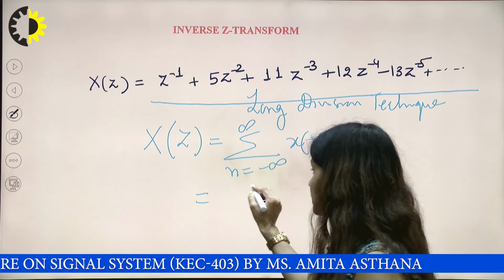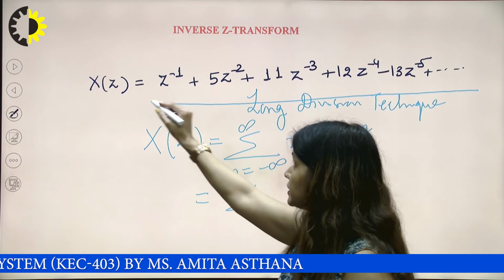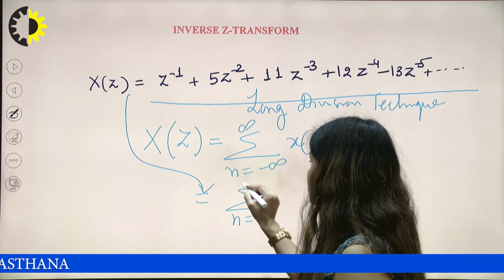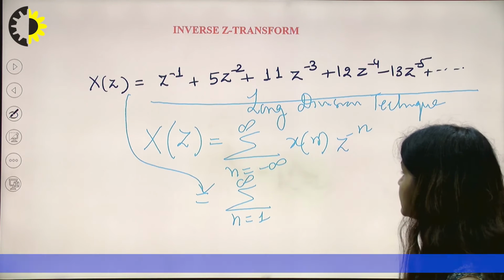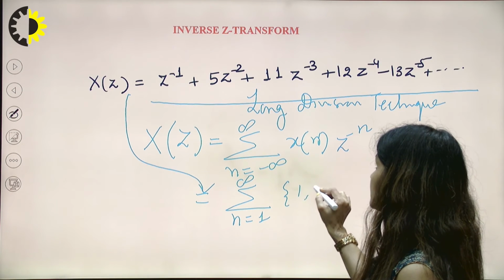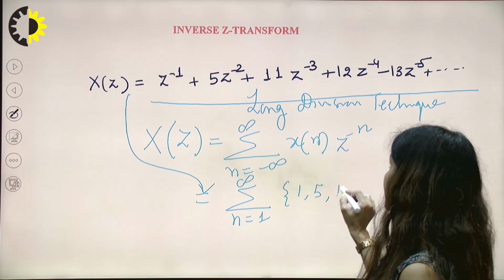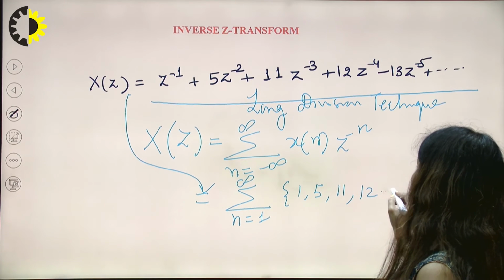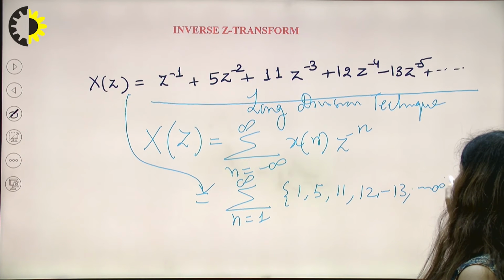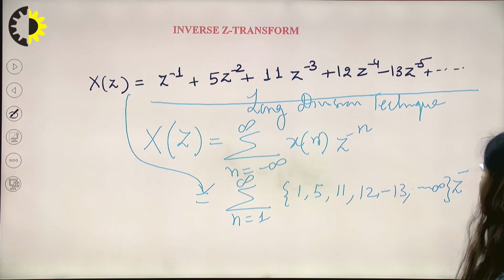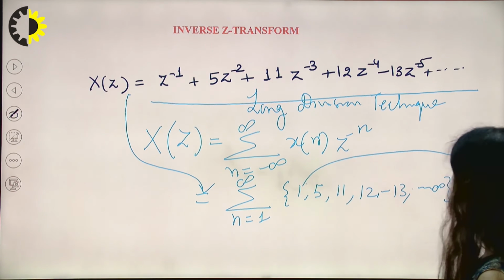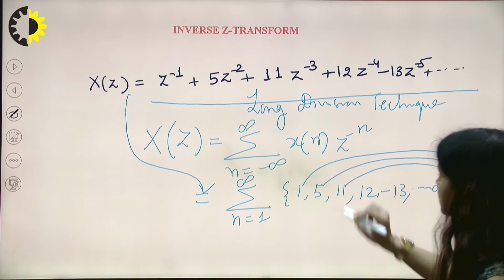So here this X(z) I can write as from n equal to 1 to infinity, and this sequence obviously I will be writing as 1, 5, 11, 12, minus 13 up to infinity, z raised to the power minus n, with minus 1 for this, minus 2 for this, minus 3 for this, and so on.